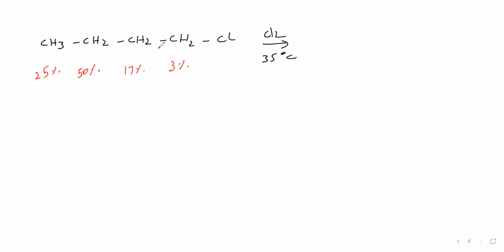What is the reason? Is there any factor playing a role here? Which factor is playing a role? Will the Cl play any role? Due to the Cl, will further halogenation be affected?